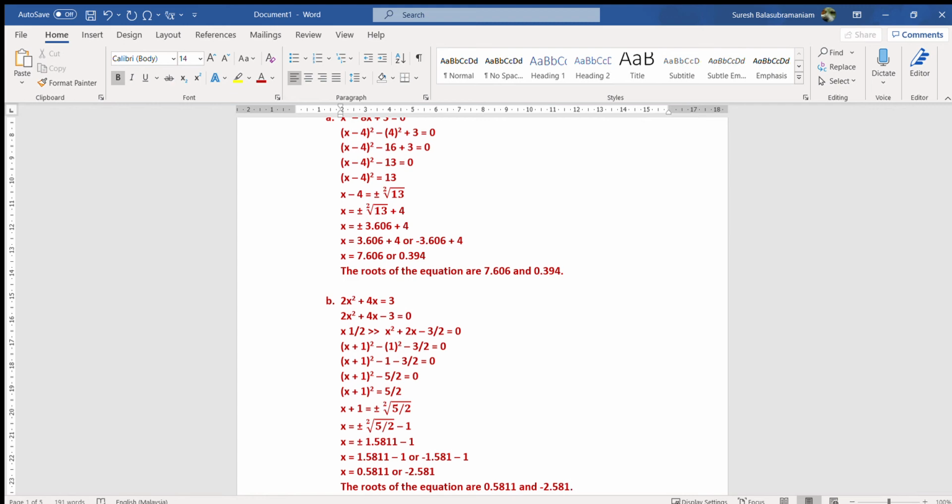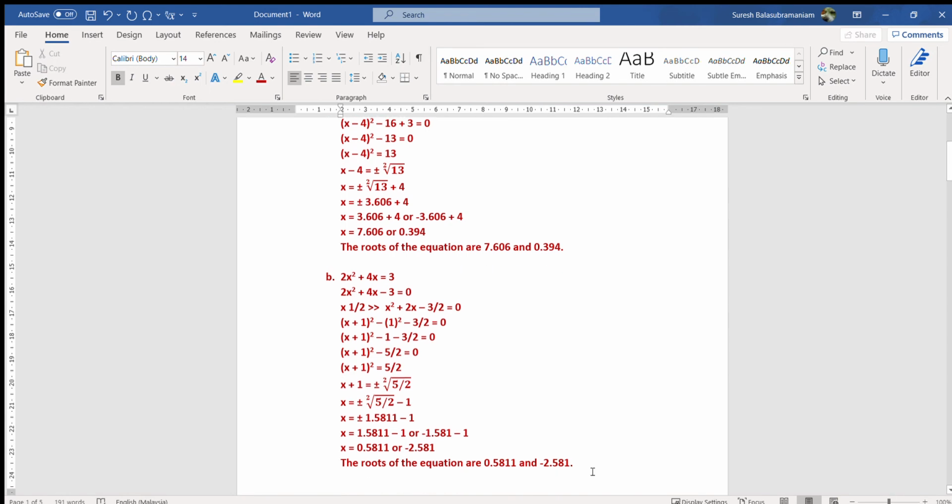Remember, I took an extra decimal point here because I want to have four significant numbers for my answer. That's why I took 1.5811, and therefore my answer here can have 4 significant numbers. But for this answer, we already have 4 significant numbers, therefore we don't need that extra one at the end.